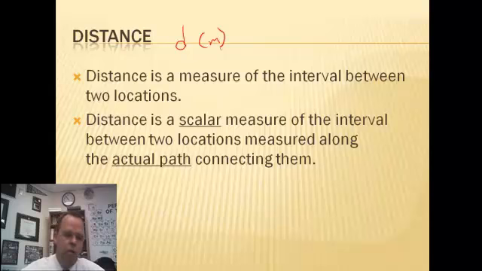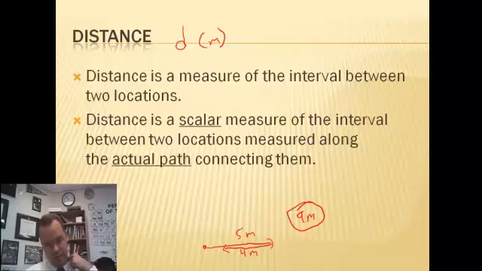So if you were to walk, say we had a person, and they walk 5 meters to the right, and then they turn around and walk 4 meters to the left, they would travel a total distance of 9 meters. So they walked 5 meters, then they walked a distance of 4 meters for a total of 9 meters traveled.